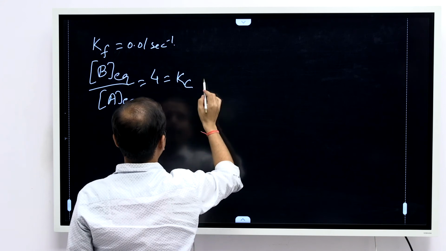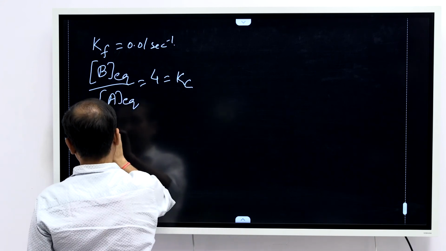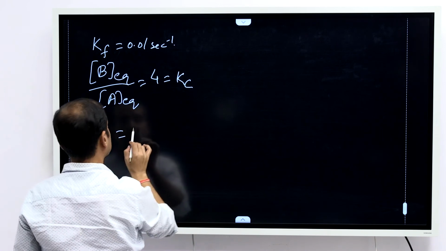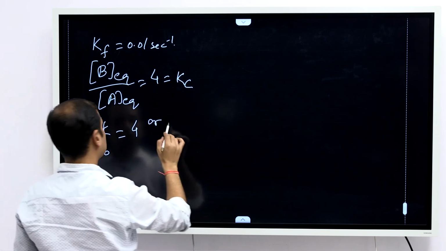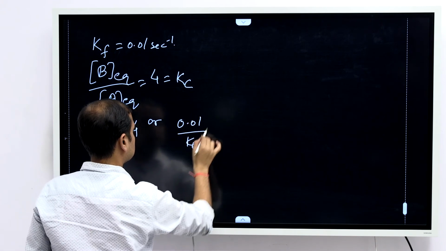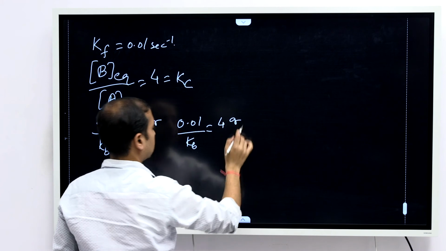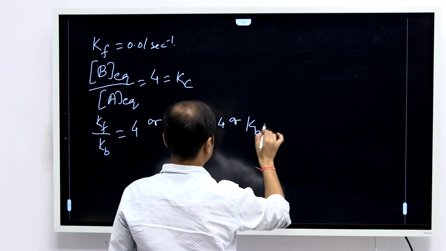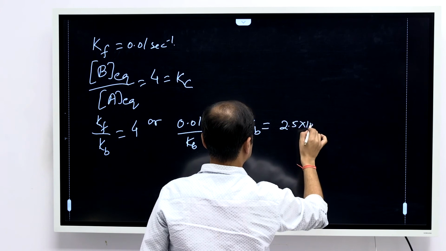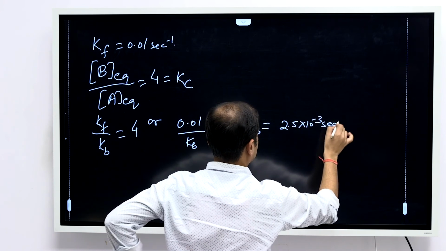So thus we have Kf upon Kb is equal to 4. We know the value of Kf. Kf is 0.01, Kb we don't know. So here Kb we will get is 2.5 into 10 to the power minus 3 second inverse.